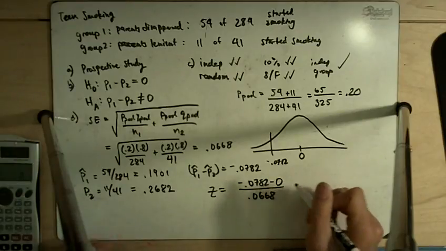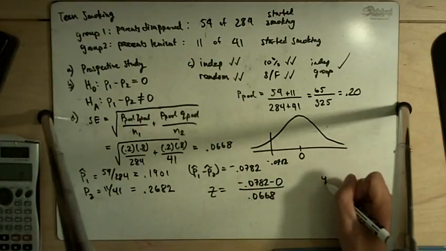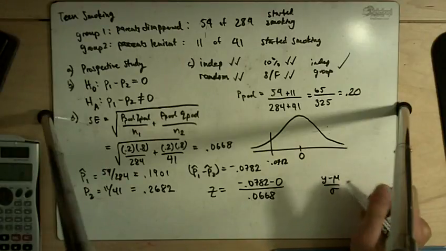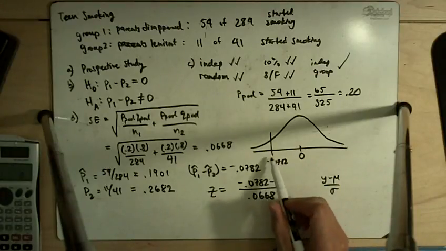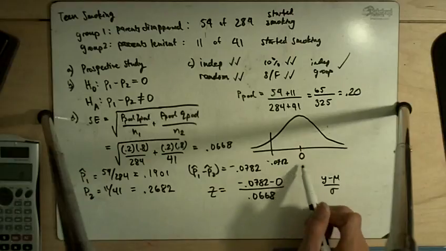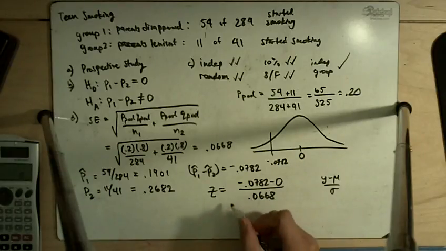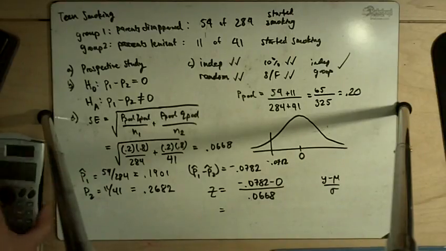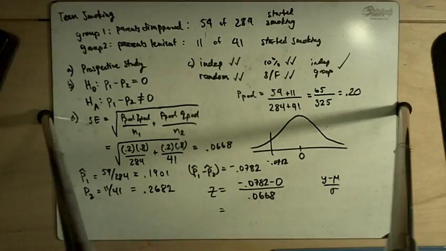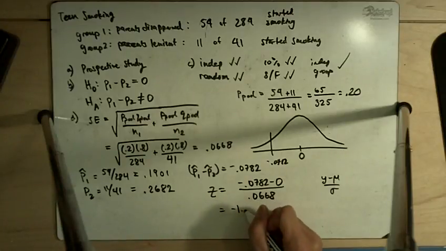Again, the formula for z is y minus mu divided by sigma. So our y is negative 0.0782, our mean is 0, divided by our sigma. So our z-score comes out to be negative 1.17.